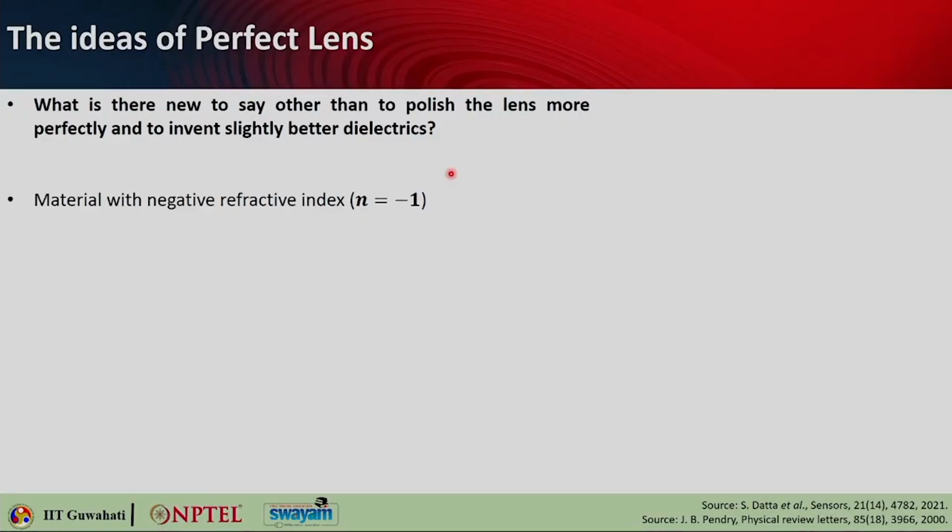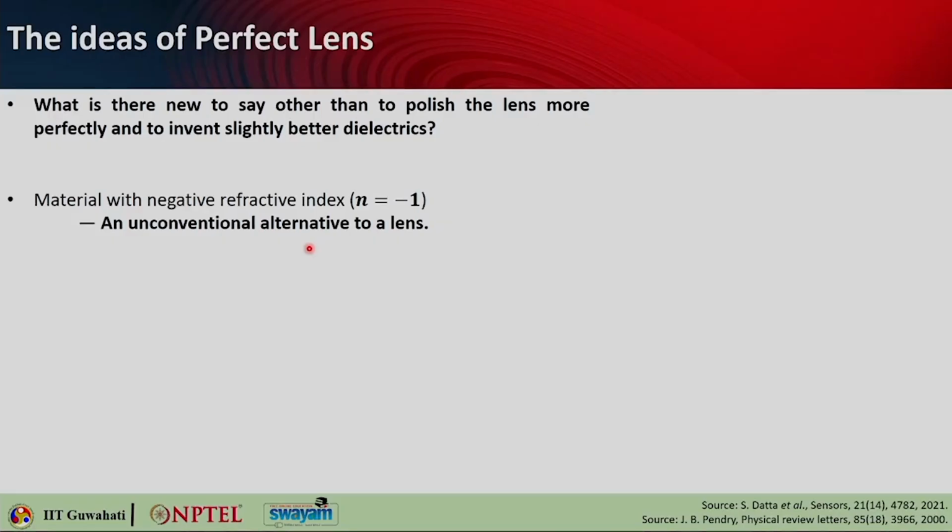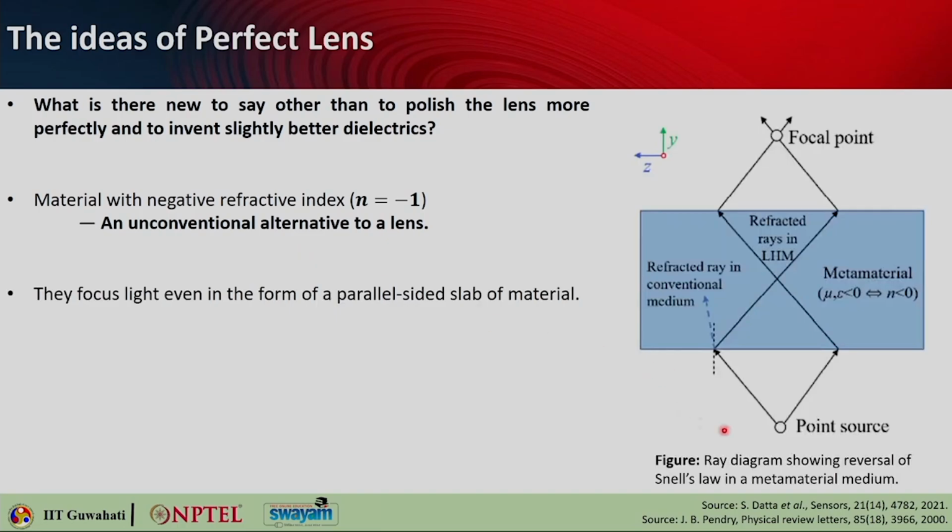And that quest was addressed when Professor Pendry proposed the idea of negative index materials. So, if there is a material with negative refractive index n equals -1, you can use this as an alternative to your conventional lens. This kind of material can have parallel sides, but then they are still able to focus light at a particular point, as you can see here.